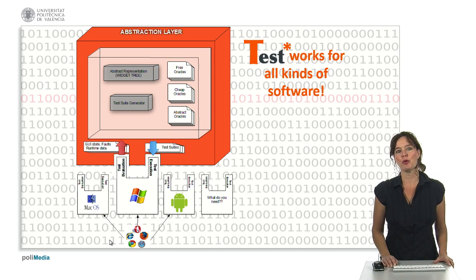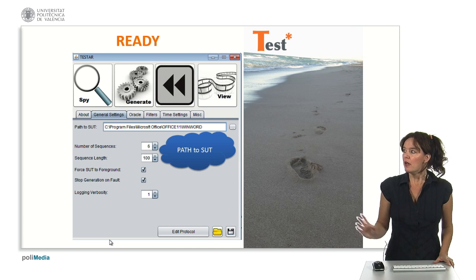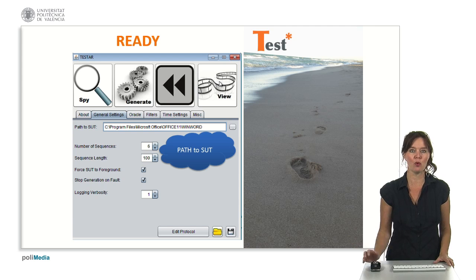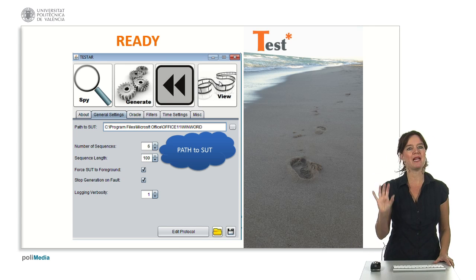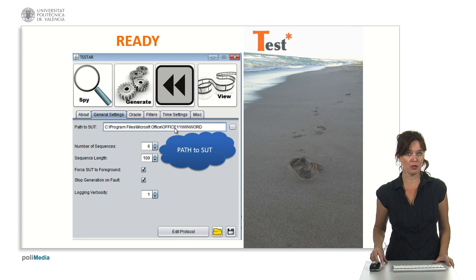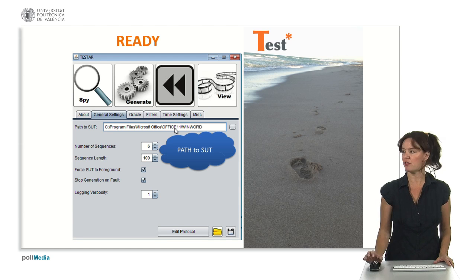So let's see how it works. Here is the interface of Testar, and we see the different things we can do. We can spy an application, we can generate tests, we can replay tests, and we can view what has happened. So let's do a basic setup. We just say, okay, here I'm going to put the path to the system under test. Where is the system under test?